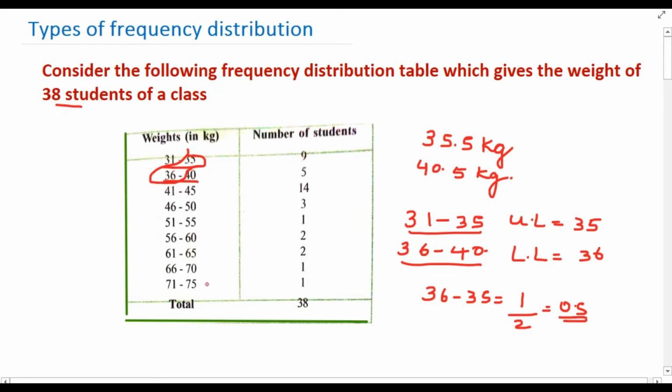so that it will become continuous. So you take the class intervals, write the lower limit and the upper limit, subtract, divide by 2, and we get 0.5.